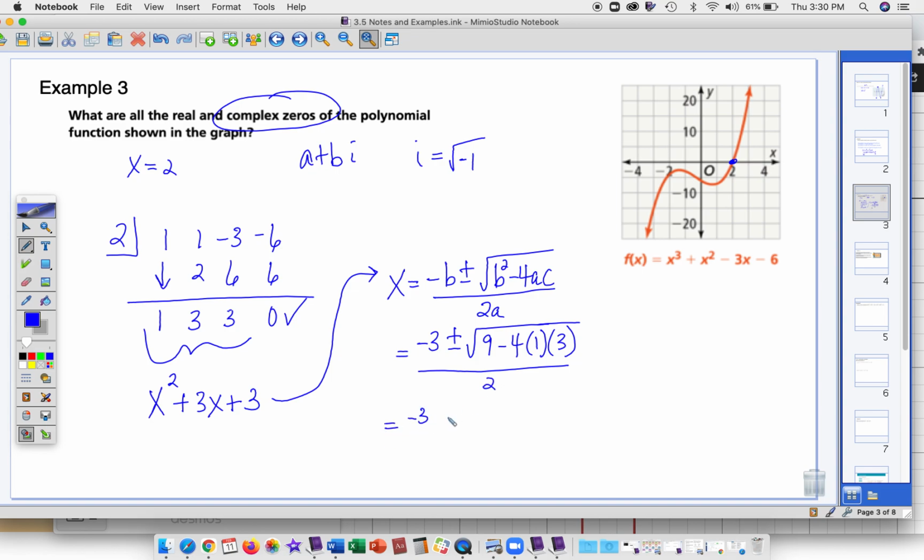So we have negative 3 plus or minus, what do I have here, 9 minus 12, so that's the square root of negative 3 all over 2. Okay, so I'm almost there.